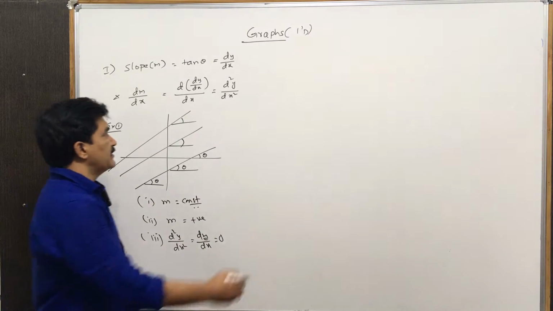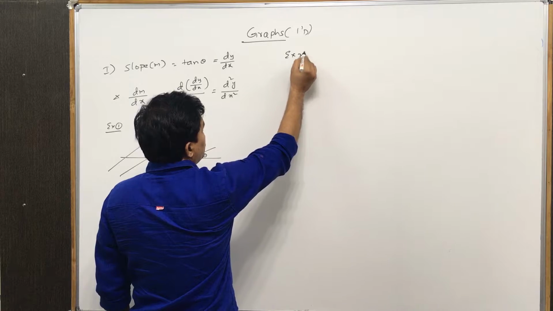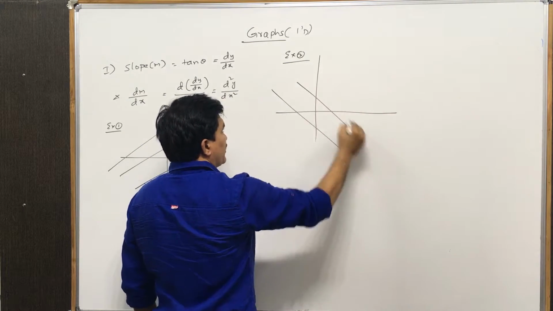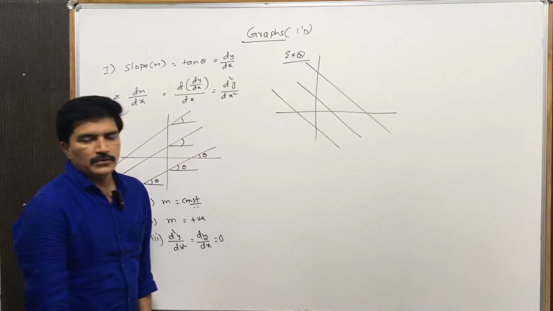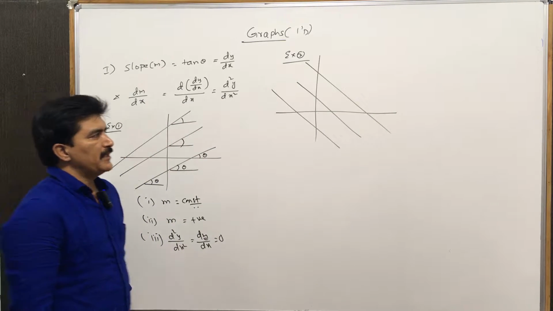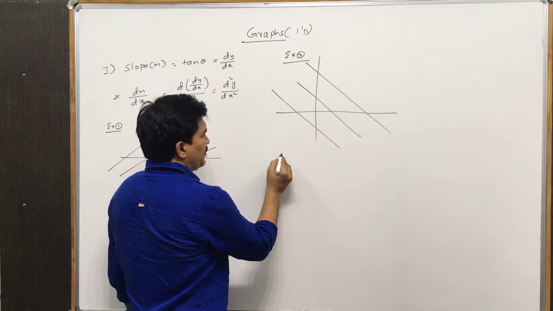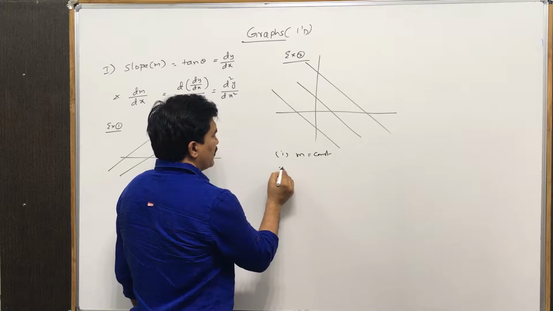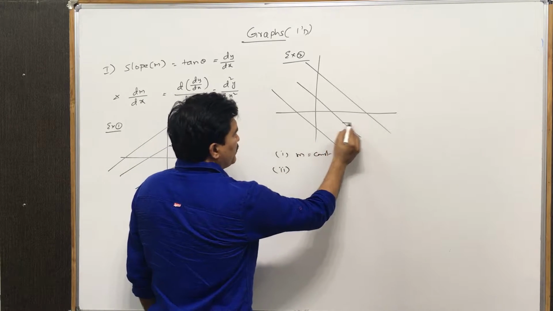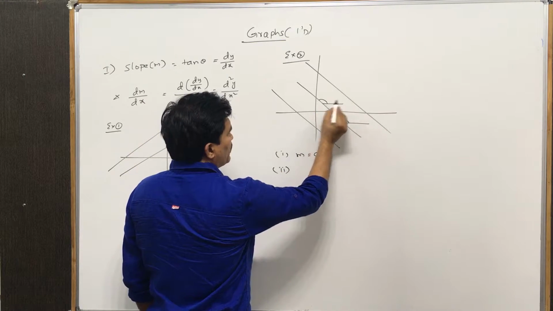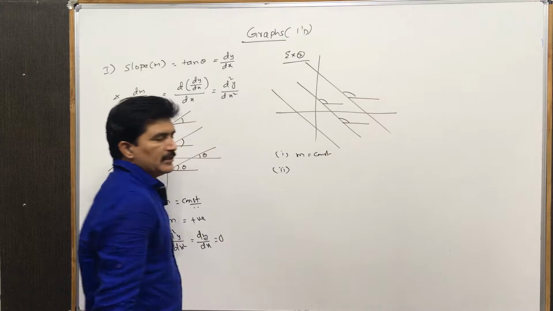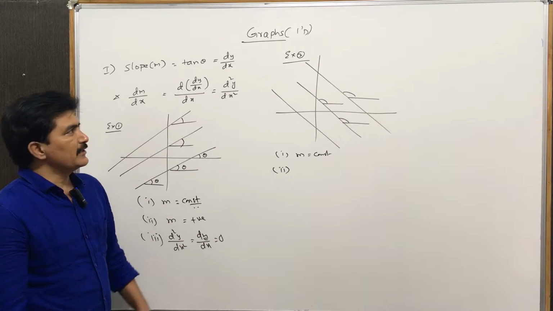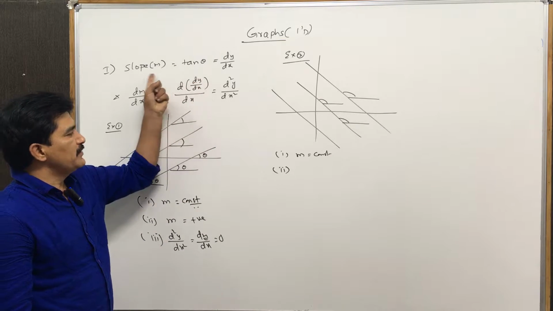Next, another example where the straight lines are in this manner. As it is a straight line, the first conclusion is that slope is constant. The second conclusion is that at any point the angle made with the positive x direction is greater than 90 degrees, indicating that tan is negative, so slope is negative.